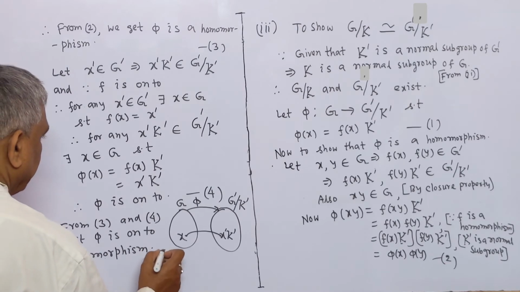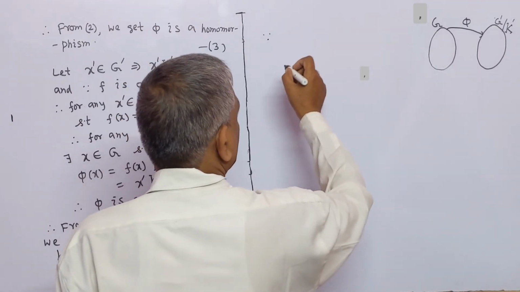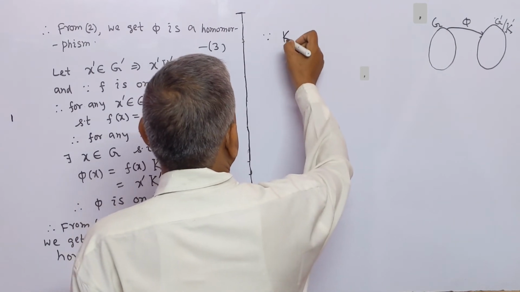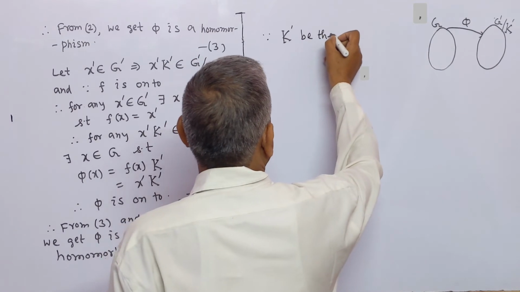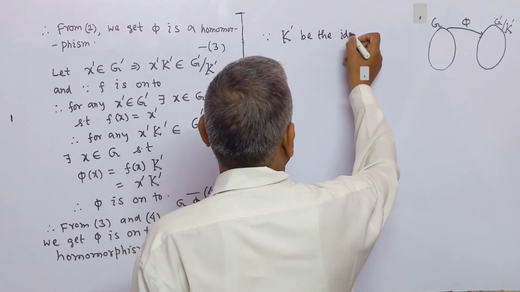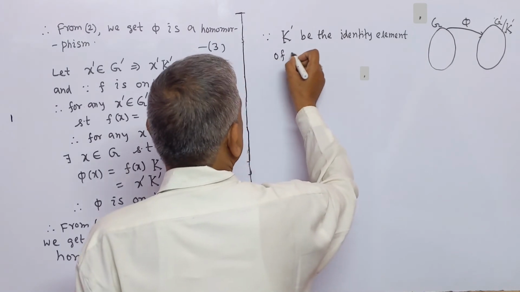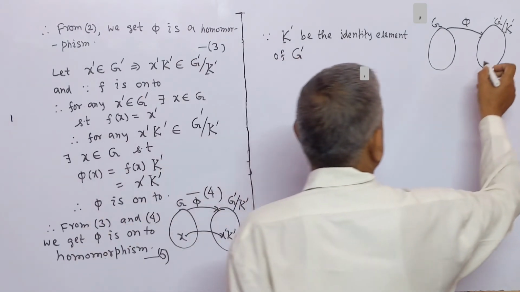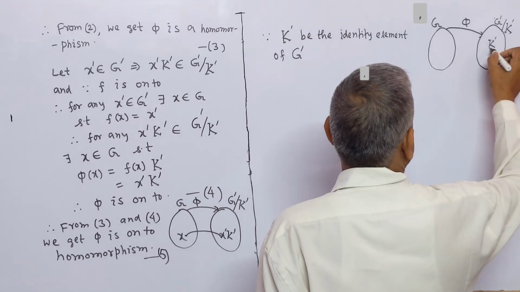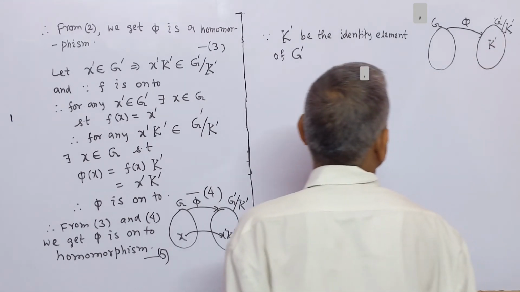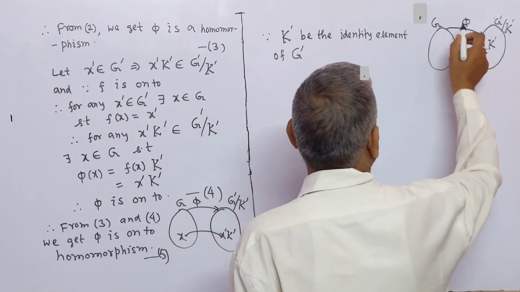This is number 5. Since K prime be the identity element, this is K prime. Now we have to find kernel of phi.